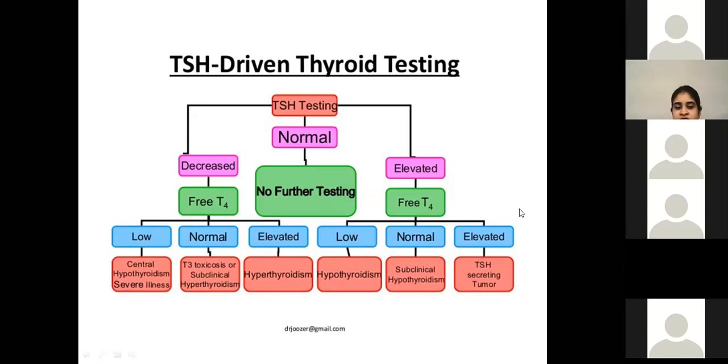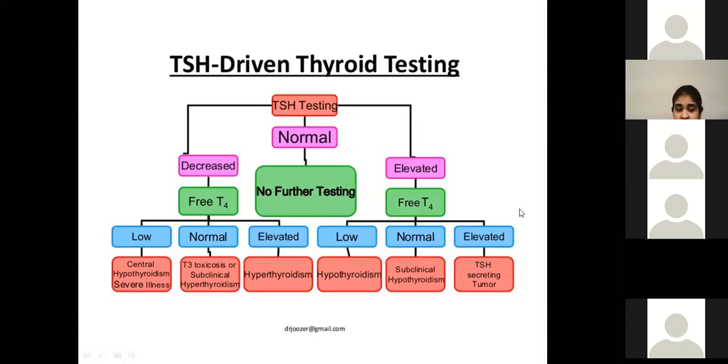So you see how your diagnosis gets narrowed down with every single test that you do. The third possibility is that if you have a low TSH and an elevated T4 level, it's just indicating hyperthyroidism. In that case also you can do T3 just to see whatever more is required.